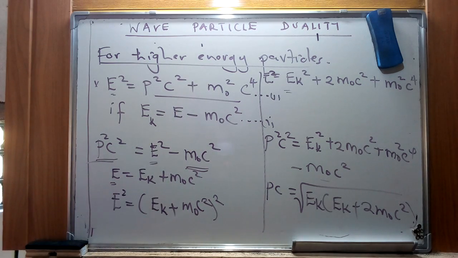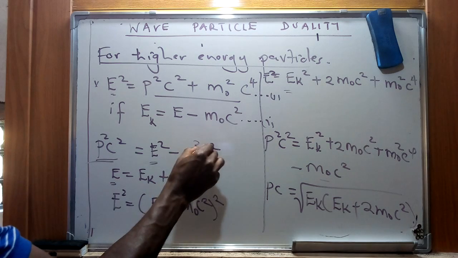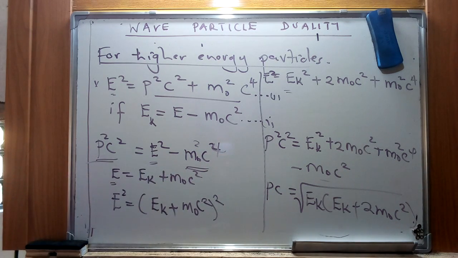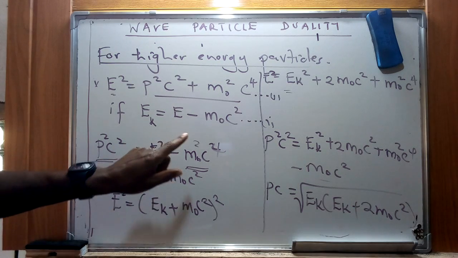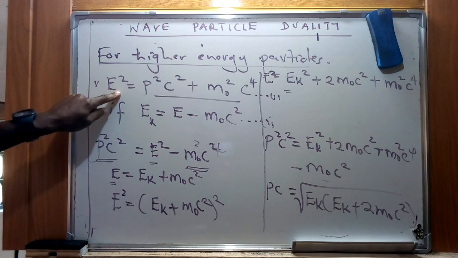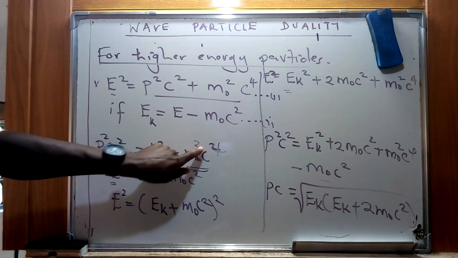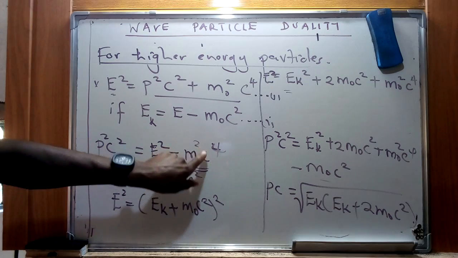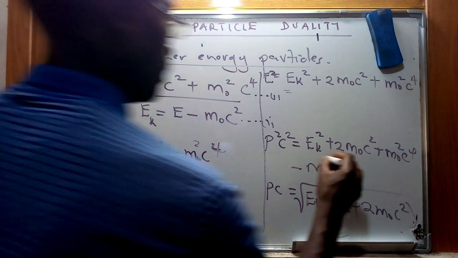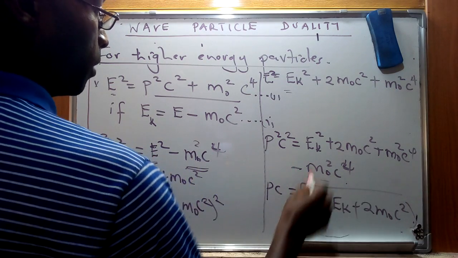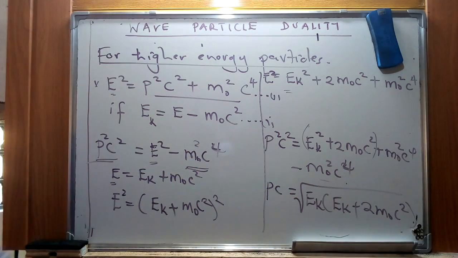I guess this is m0 squared c to the power 4. So this was a rectification here. Finally, a minus of this and this will cancel this one out and leave this section of the equation, which basically gives us the last one.